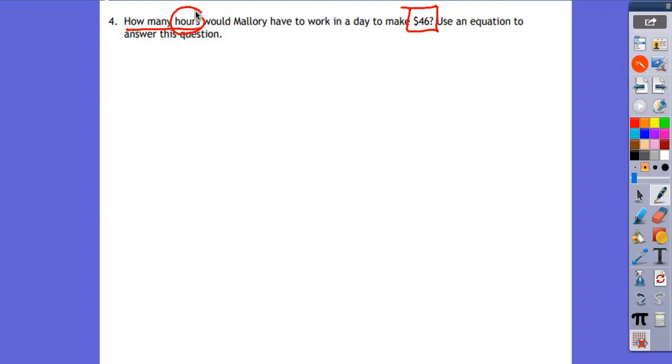Money. So I know money's going to be involved, so I'm going to use an M and let that stand for money. Then when I'm working hours, I'm going to use an H for hours.